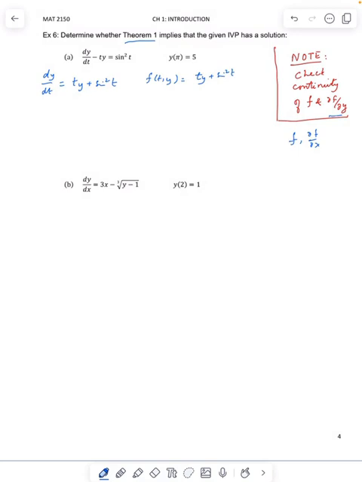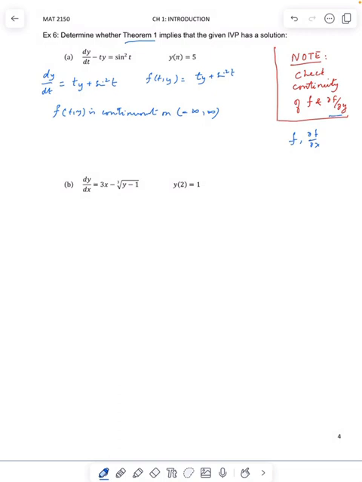So we can see that f is continuous on negative infinity to infinity because there is no function which will be discontinuous anywhere.